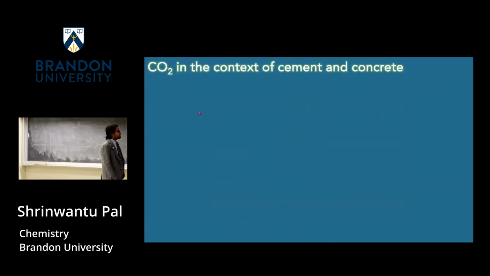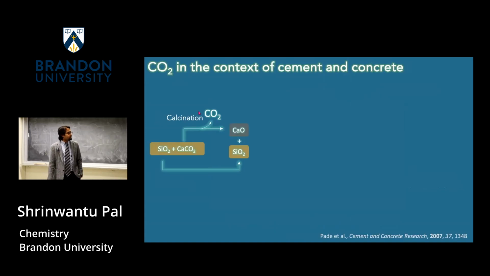So now that we know that we can permanently sequester CO2 with calcium in alkaline conditions, let's look at how cement contributes to the formation of CO2. Traditionally, cement is made by a process called calcination.